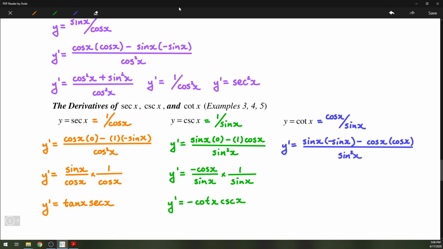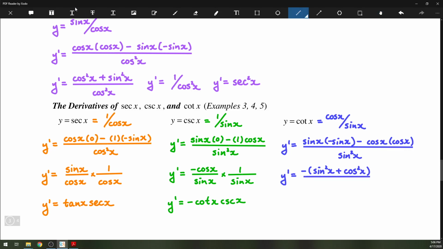Okay, so you'll notice that both terms here are negative. So you can factor out a negative sign and then combine the sine x's and the cosine x's. And here you will have sine squared x, of course. And now, because you factor out the negative, a plus sign, cosine squared x. And this will be, once again, all over sine squared x.